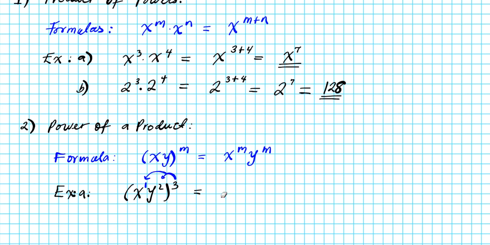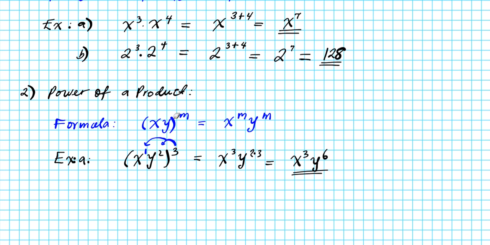That gives us x to the third power, y to the 6th power. So you have 3 times 1 and y to the 2 times 3. So we have x to the third power times y to the 6th power. And that's what you get when you apply the power of a product property to an algebraic expression of this nature.